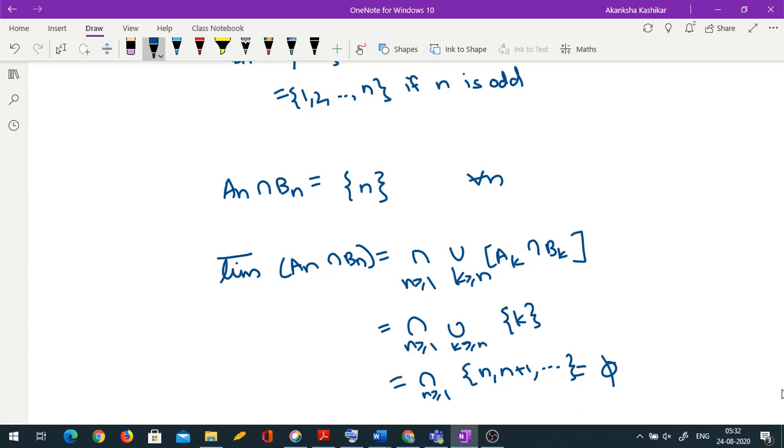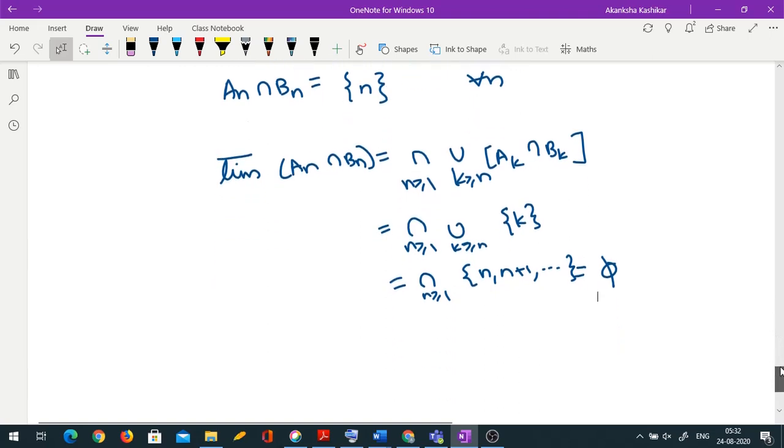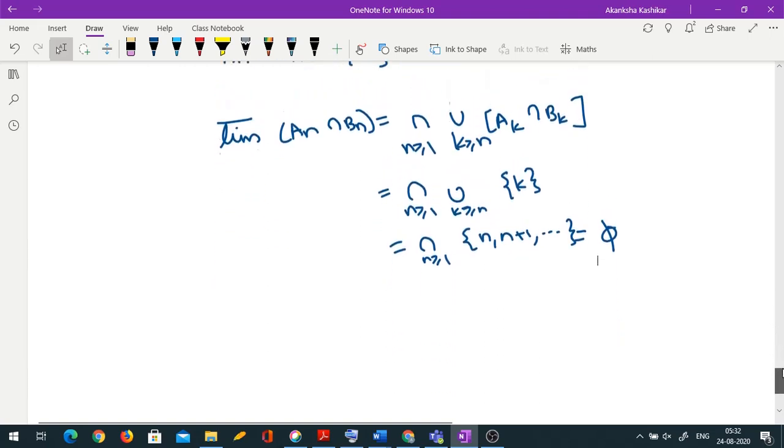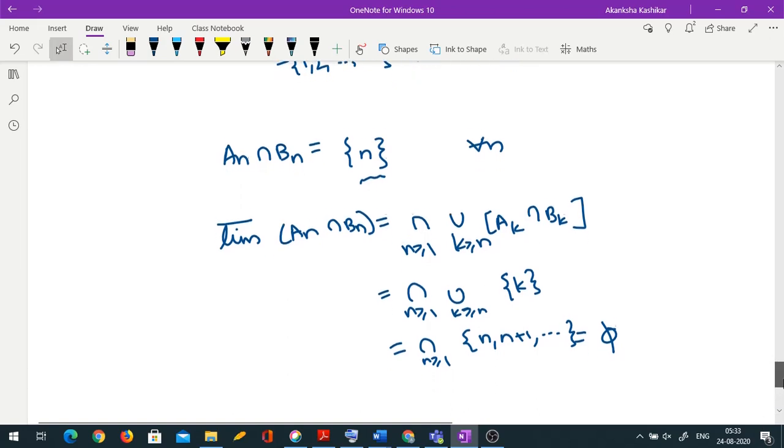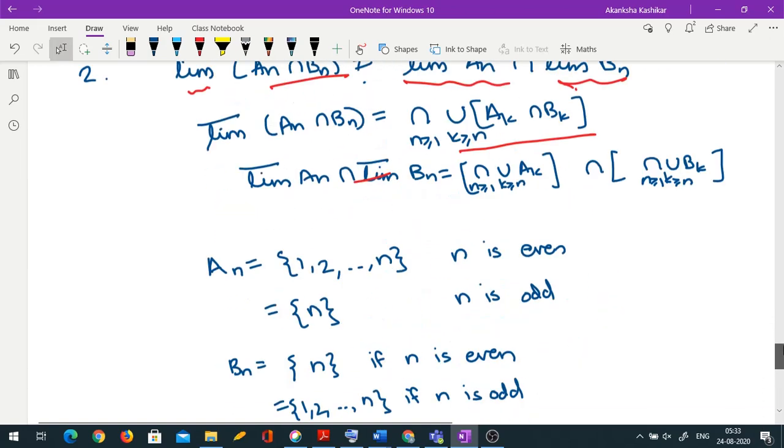Second set is 2, 3, 4 and so on. So at the end, nothing remains. In fact, this can be seen from the other definition of lim sup also. Lim sup contains those terms which occur infinitely often. Here every set is having a distinct element, so no element occurs infinitely many times. So lim sup is empty.